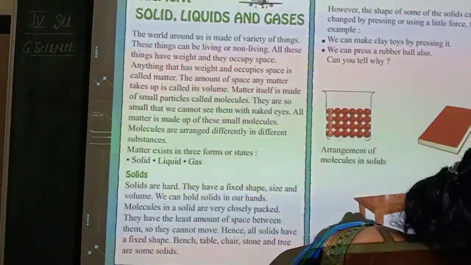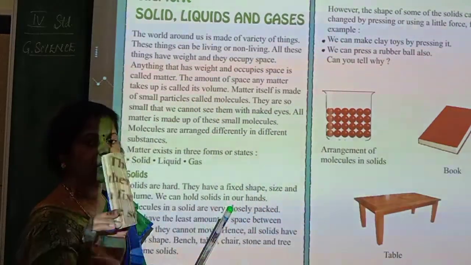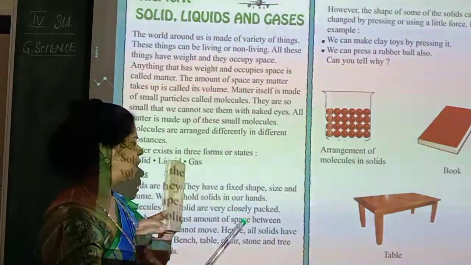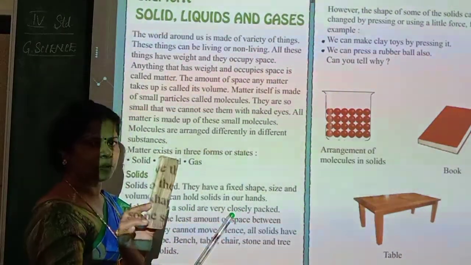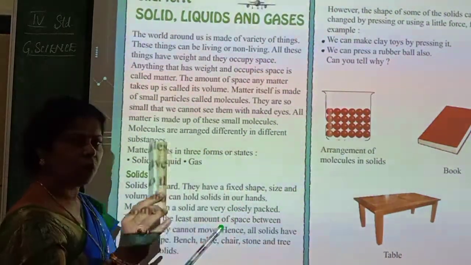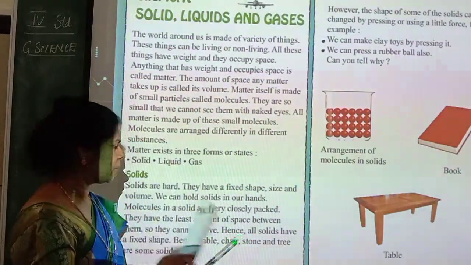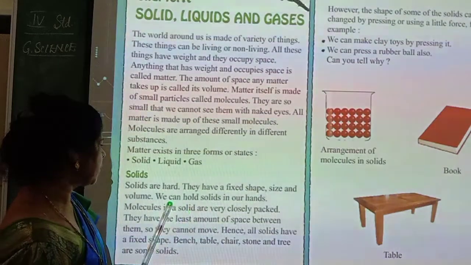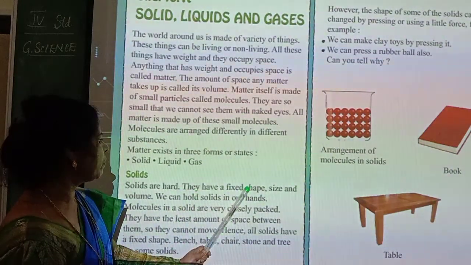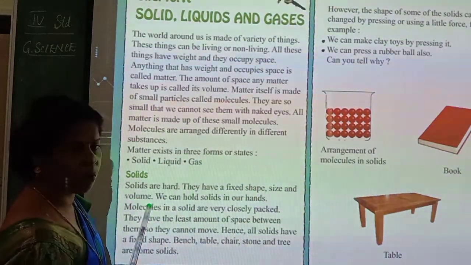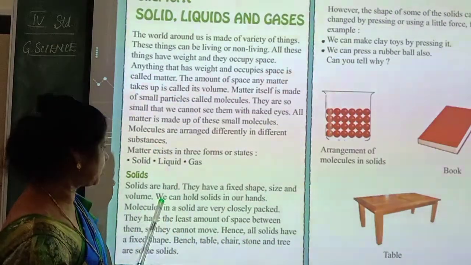You can see for this one, it has got a fixed shape. Then it has got a size also. And plus volume. Volume means the space which is occupied by this. That is called volume. Got it? So they have a fixed shape, size and volume, and they are very hard to touch.